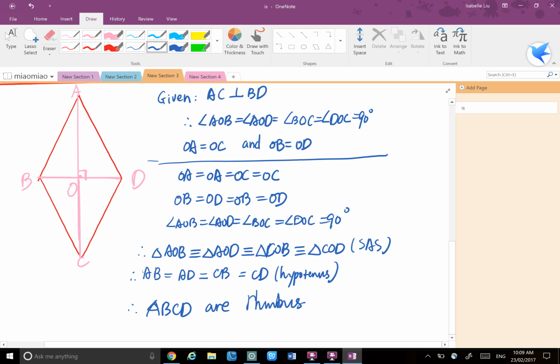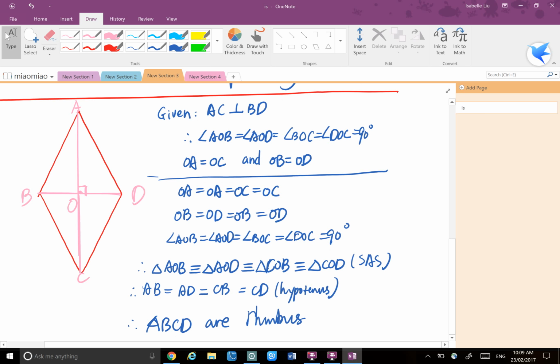Because a rhombus is a quadrilateral with four equal sides, and you have proved that AB equals AD equals CB equals CD, so that's a rhombus. You want to prove the four triangles are congruent to each other.